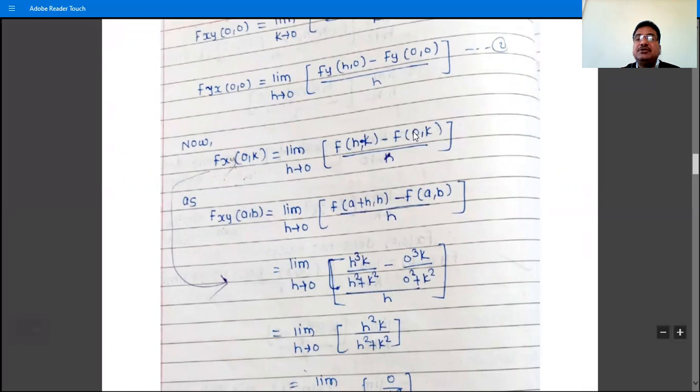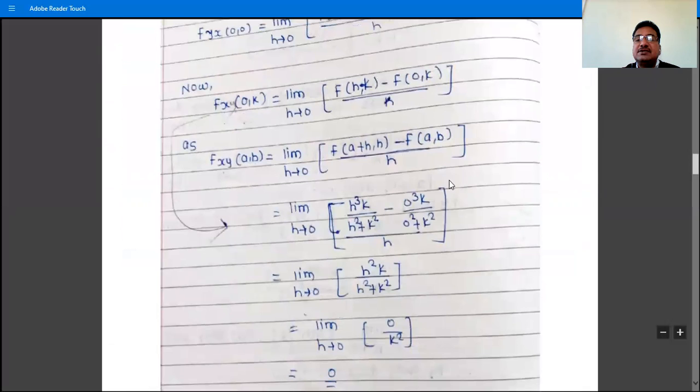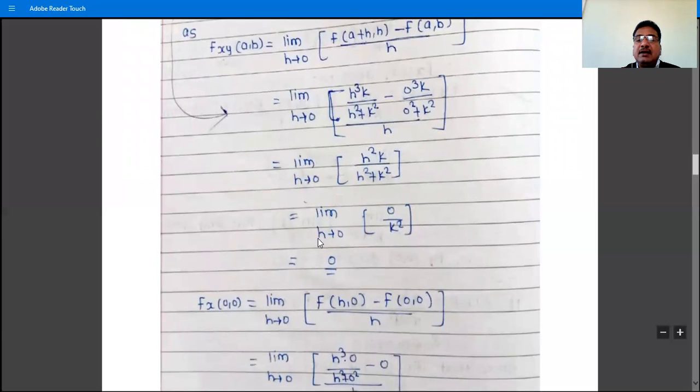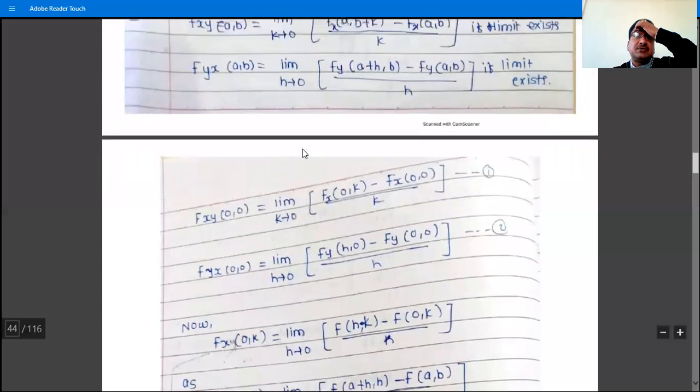What is the value of f(0,k)? Substitute x as 0 and y as k, and we get 0. Then it is divided by h, which gives h cube divided by h, which is h square. Then take the limit as h tends to 0, substitute h as 0, so 0 divided by k square. That is 0, the answer.